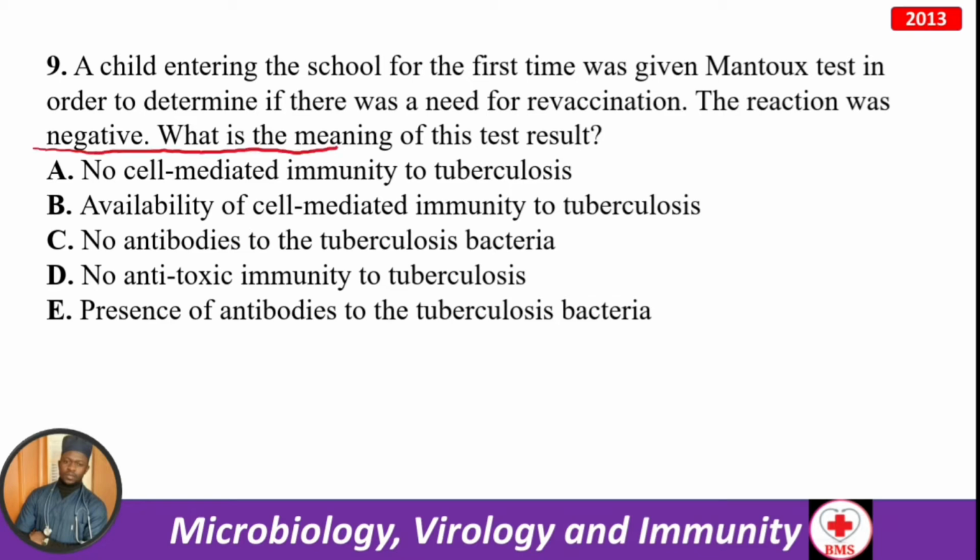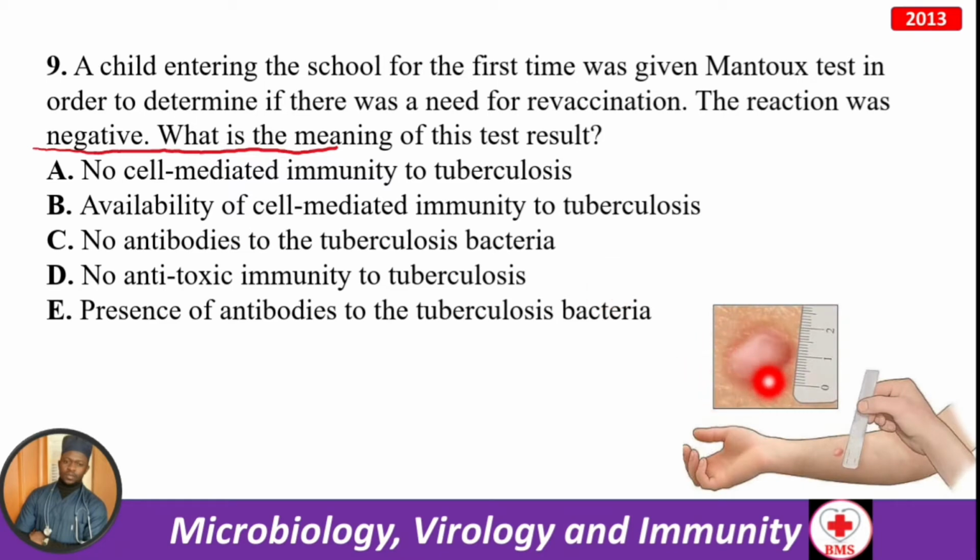Okay, so look here, right? After injecting on the arm, you can see here, there will be this pimple, right? This pimple will be measured its diameter, and usually if it is positive, it will be like 15 millimeters in diameter and above. We can say it's positive, right?